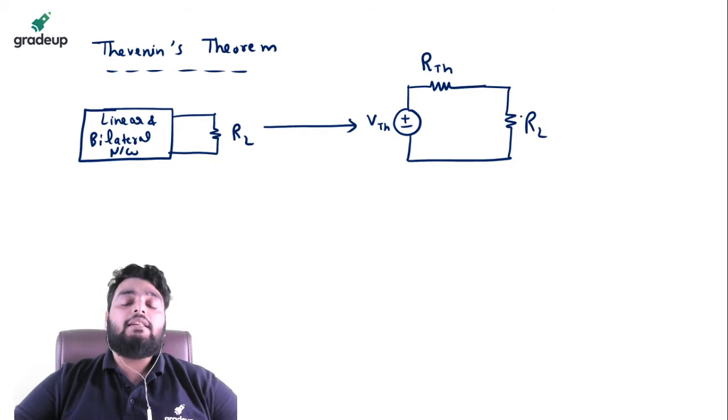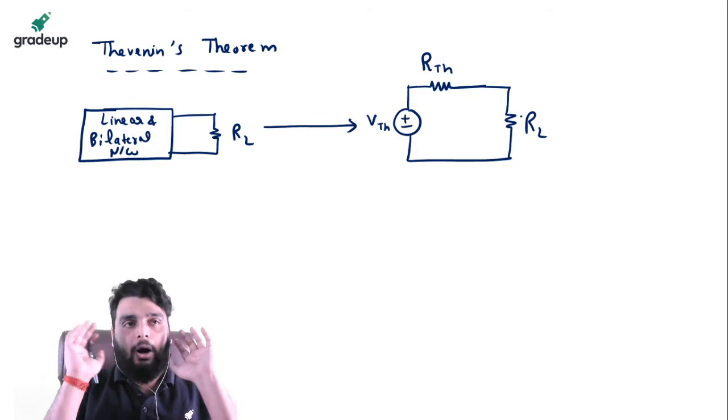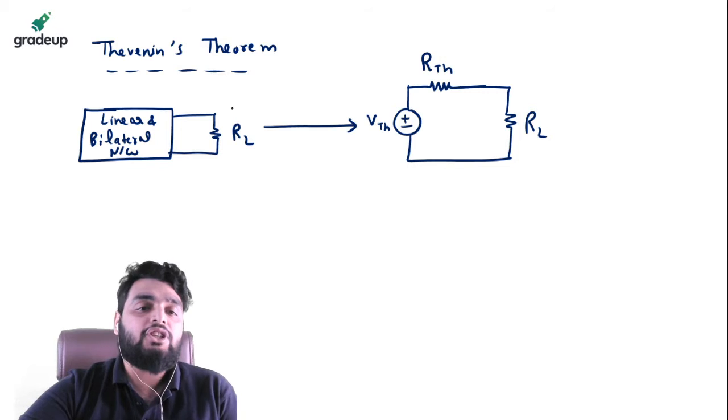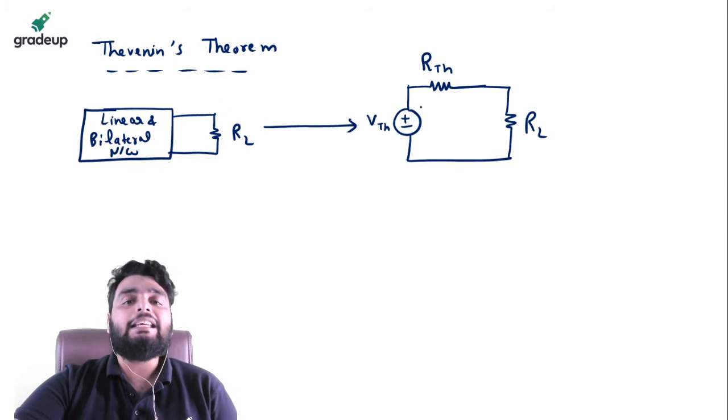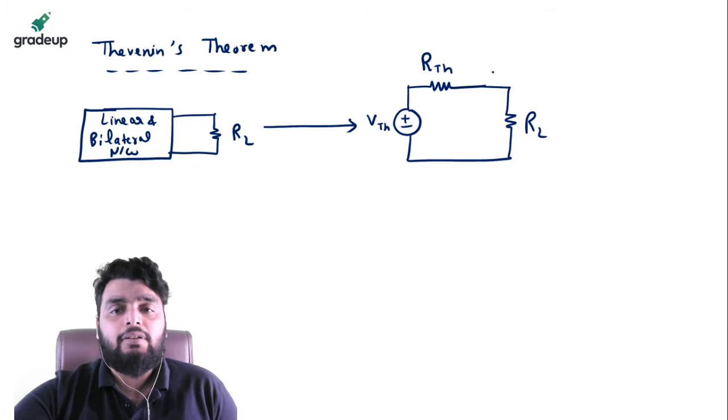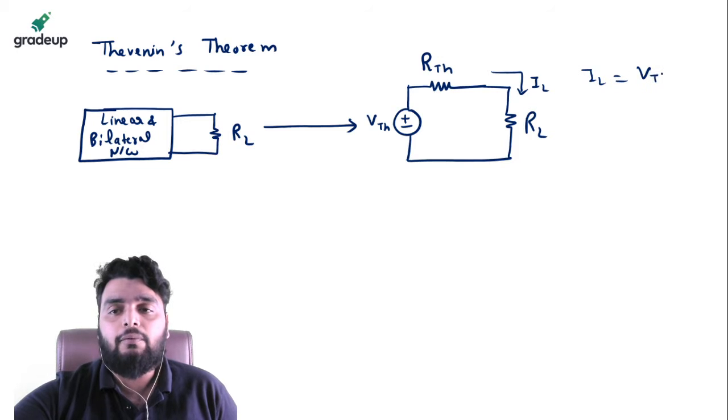This theorem is used to convert a complex network into a single voltage source, so that if you change the value of RL, you can easily calculate the current across RL. The load current is just VTH divided by RTH plus RL.